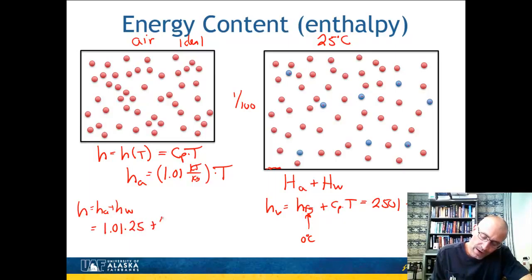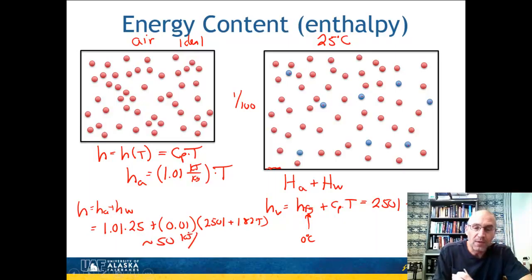And then about 1% of it is water vapor, and I have 2501 plus 1.82 times T, and that is about 50 kilojoules per, and the unit here, since I've got both water and air, is we tend to talk about kilojoules per kilogram of dry air. So I'm going to keep the amount of red molecules constant, and we'll realize that that's actually a pretty convenient way to do that.